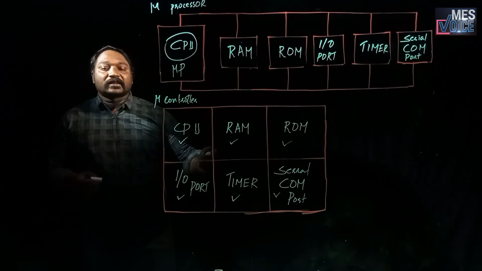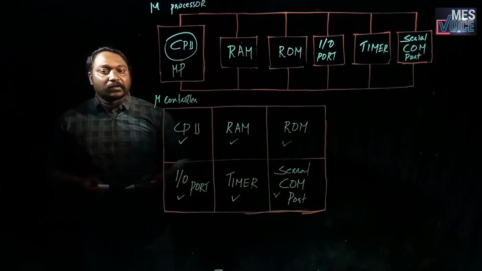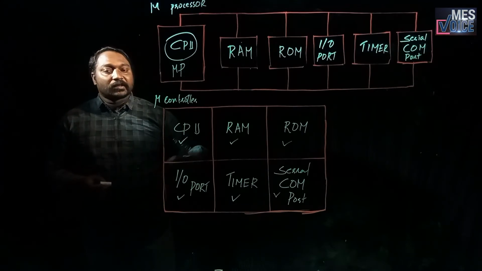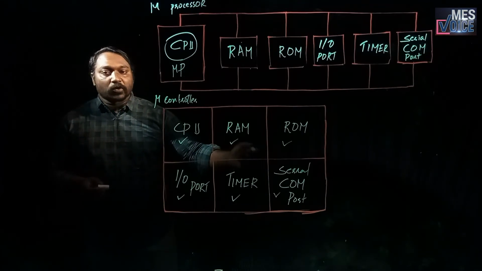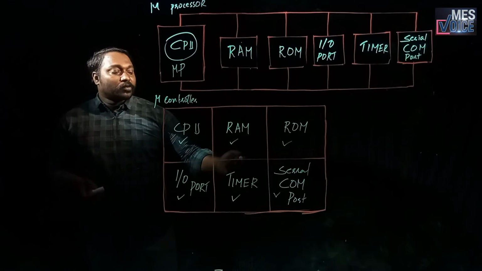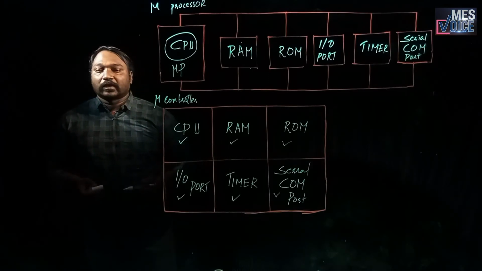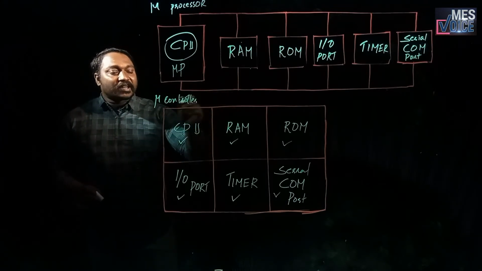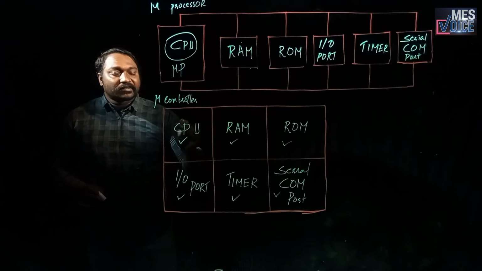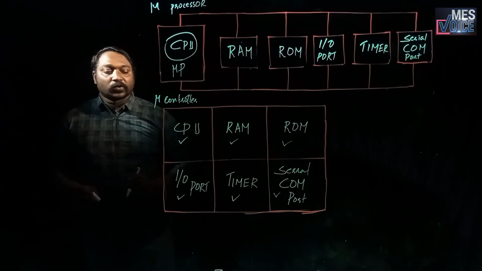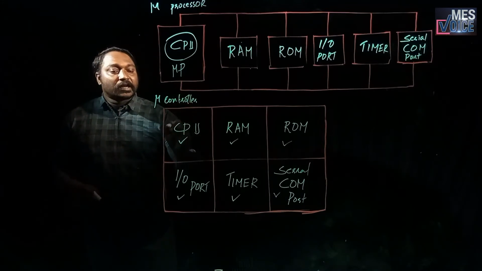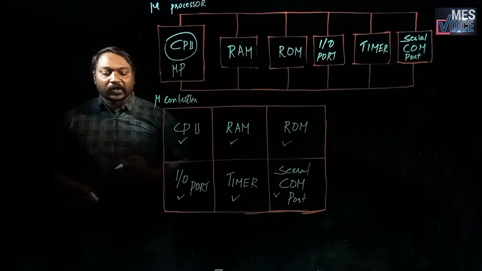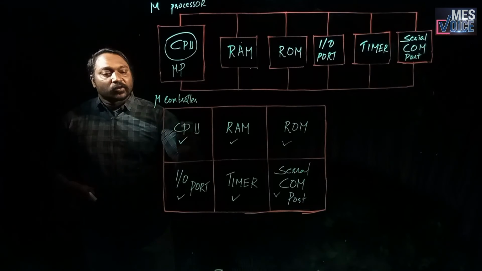There are also fewer timers in a microcontroller, and maybe one or more, below 10, serial communication ports. But all together, these devices are integrated inside a single chip, so it can run independently.